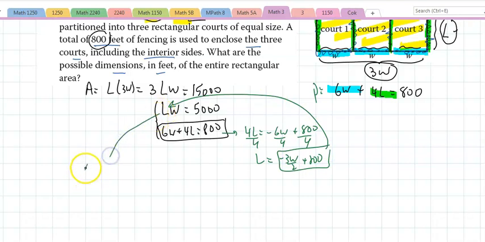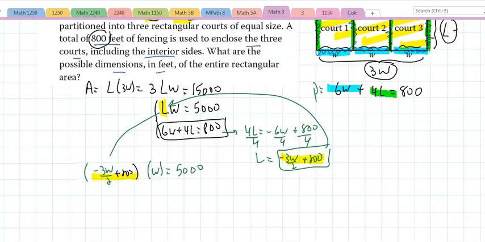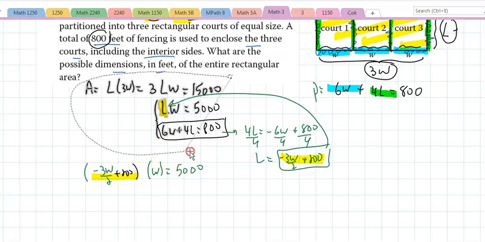So here we will get L, which is negative 3W divided by 2, times the width equal 5,000. I forgot the 200. So if I take all of this and put it right there, and now if I clear this up, I could organize this a bit nicer.